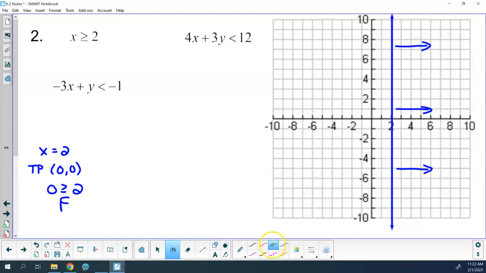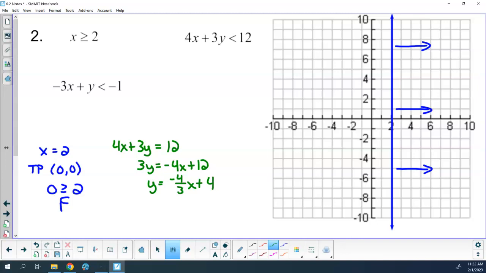Then going on to 4x plus 3y equals 12, subtracting 4x, dividing everything by 3, gives me that.